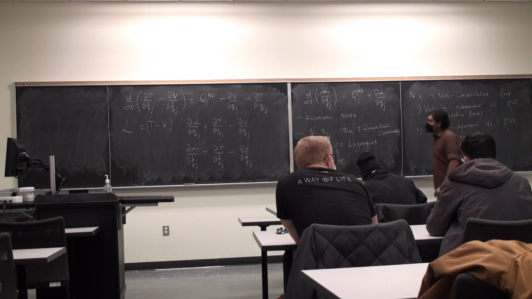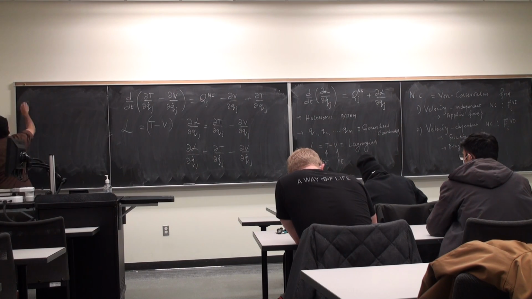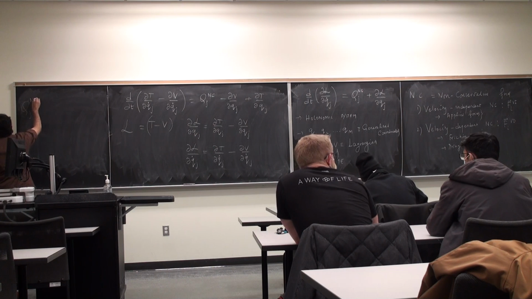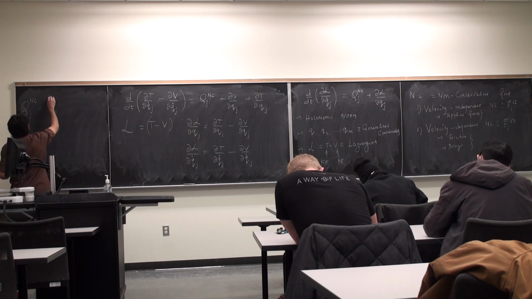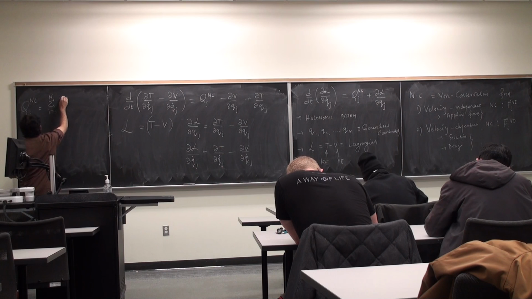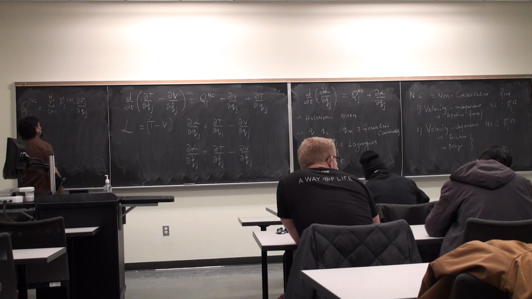Okay. So Qj non-conservative, if you recall, was written as the following: summation over i of Fi applied, dotted with dri by dqj.